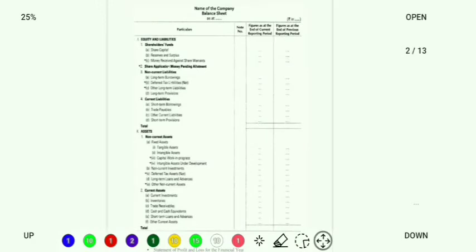What is different over here? It is different in the form that now my balance sheet has 4 columns. Okay? The first column where I write down all the particulars. Second is my note number. Third is where I write the closing balance. Okay? Closing balance of the current accounting year.